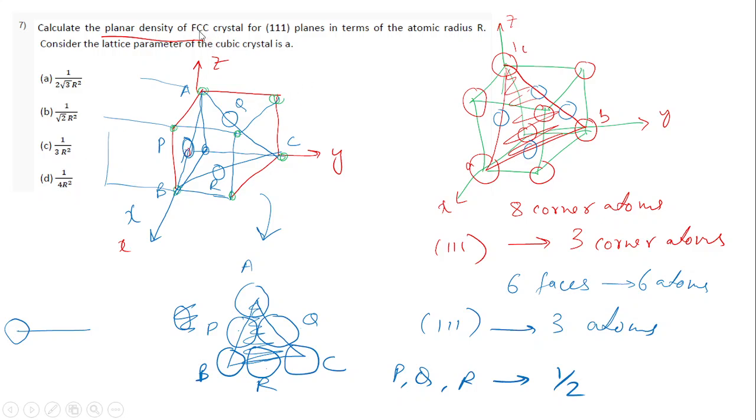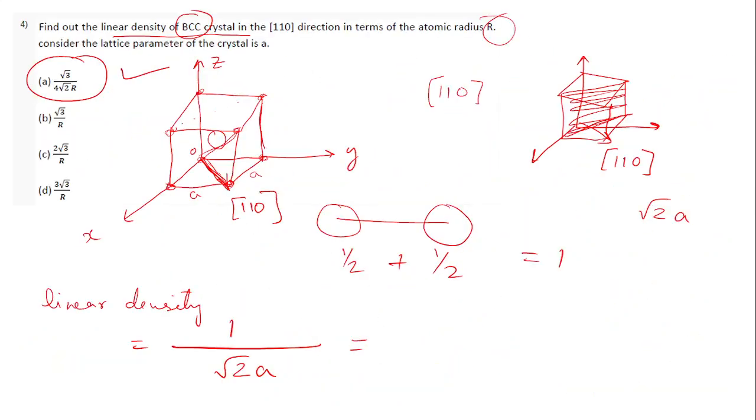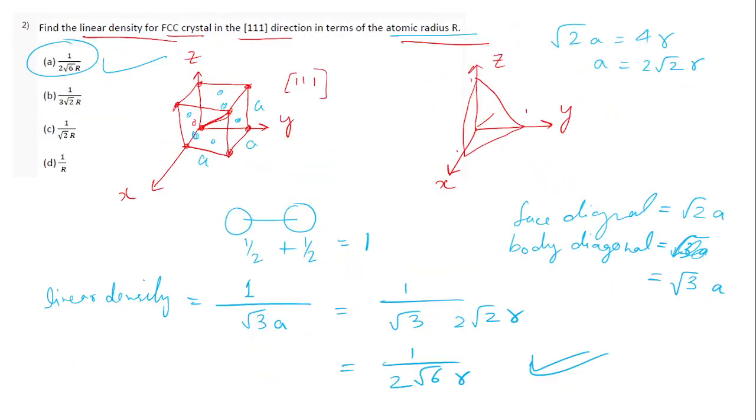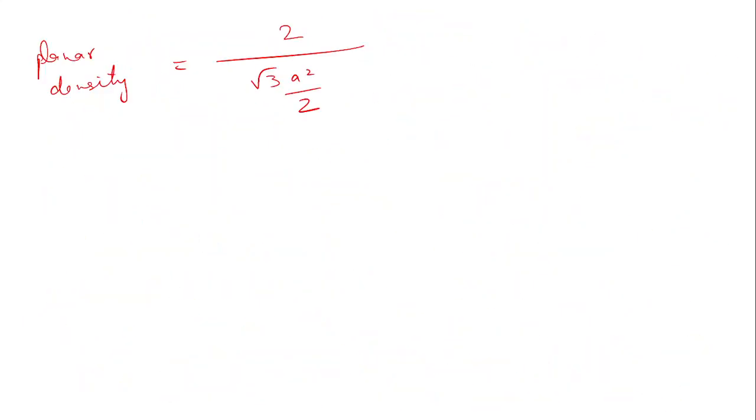Now again recalling for FCC, not BCC, for FCC the relation is root 2a is equal to 4r.